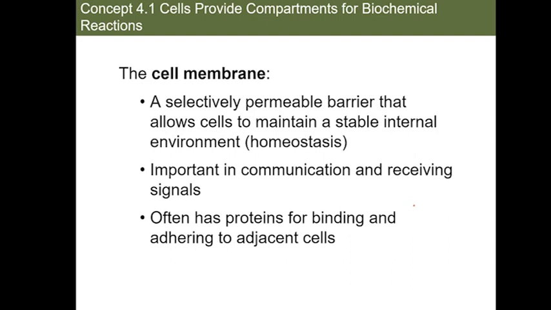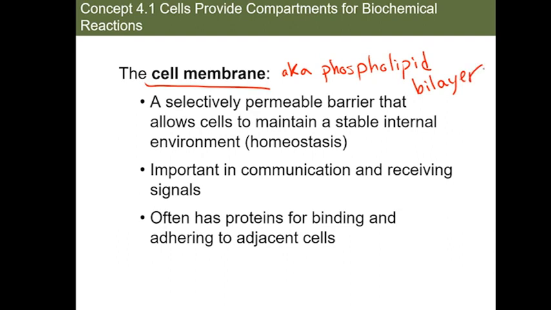So the cell membrane is a selectively permeable barrier that allows cells to maintain a stable internal environment. The cell membrane is called a phospholipid bilayer some of the time.